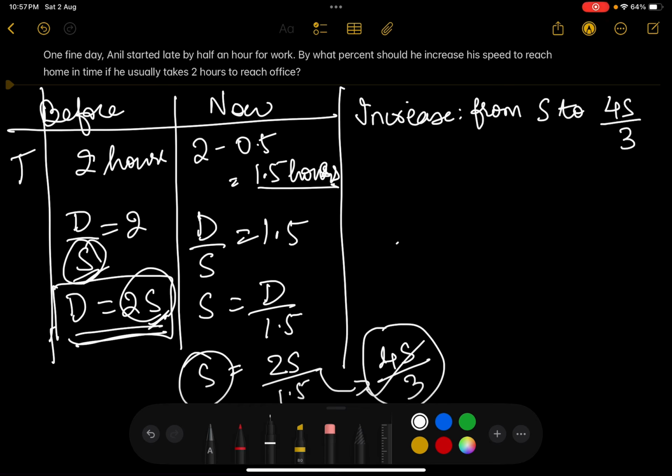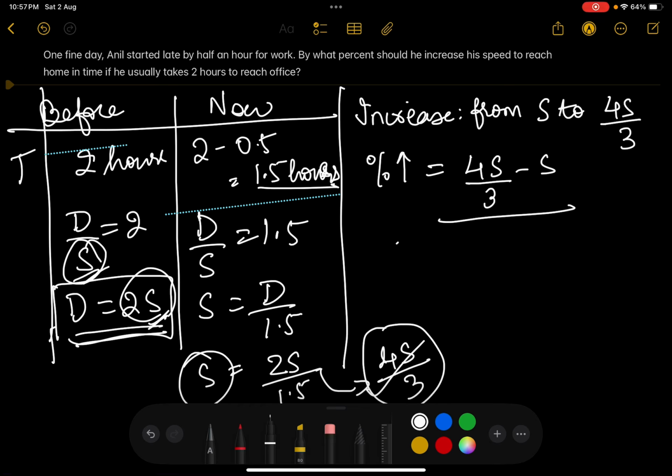So there's a formula: percentage increase is equal to the increase divided by the initial, into 100.